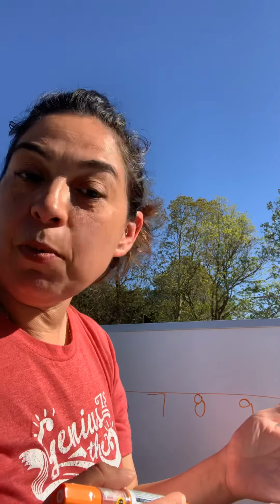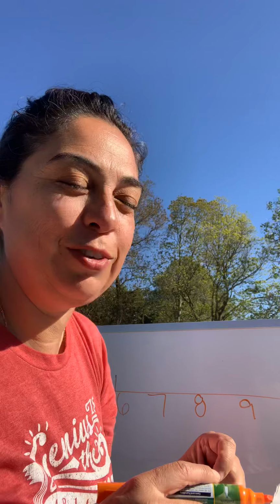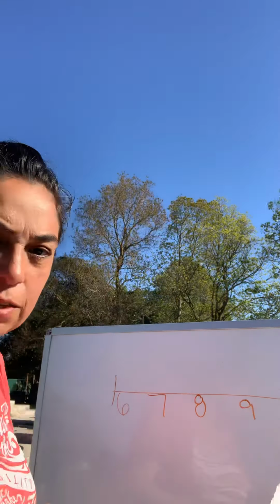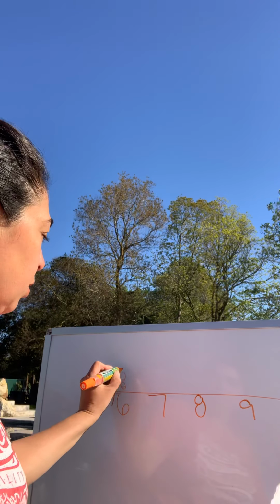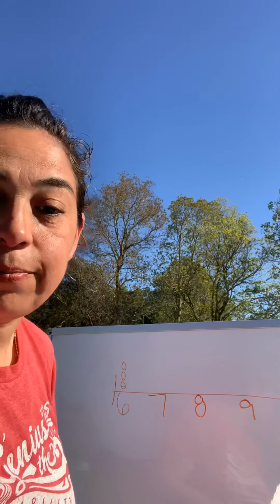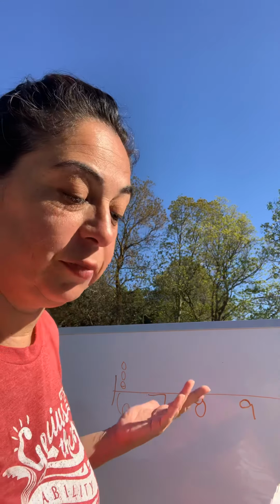If you've done your telemark, you already know how many 6's there are. If you did your telemarks, it's super easy. So I'm going to go through, since I didn't do the telemarks, and I'm going to count 1, 2, 3 6's. So all I'm going to do on top of my 6 is put 1, 2, 3 dots. That's a dot plot. Okay.